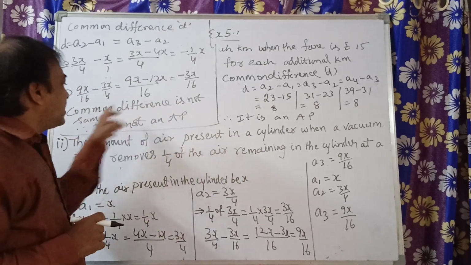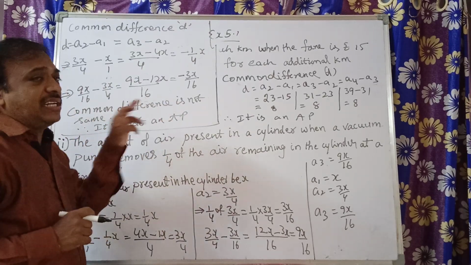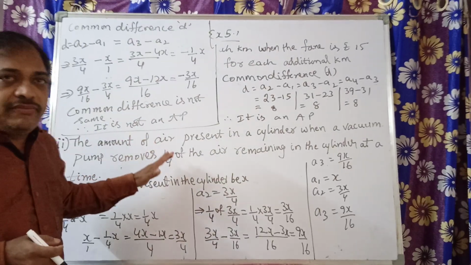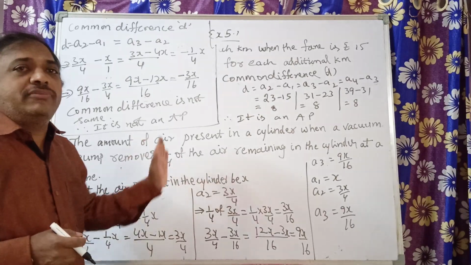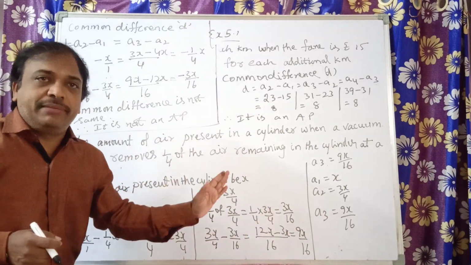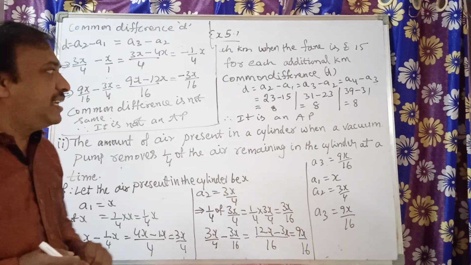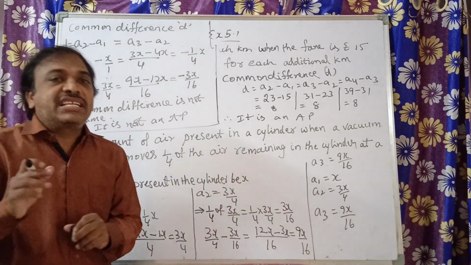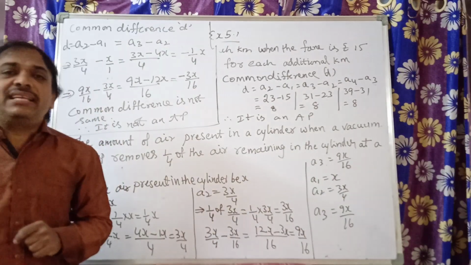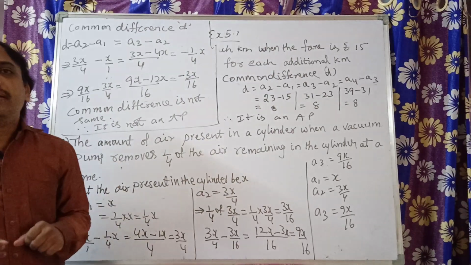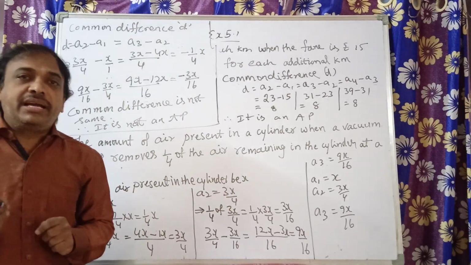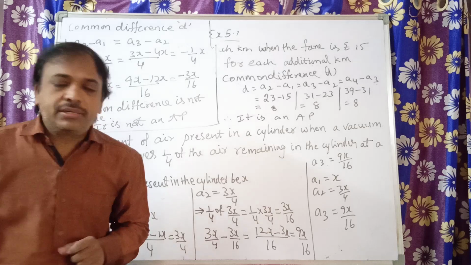So the common difference is not same, therefore it is not an AP. Which is not an AP? The volume which is removing 1/4 at a time. The terms will not form an AP. And in the first question, taxi fare, the terms are forming an AP. This is how you have to check whether the given statements form an AP or not.